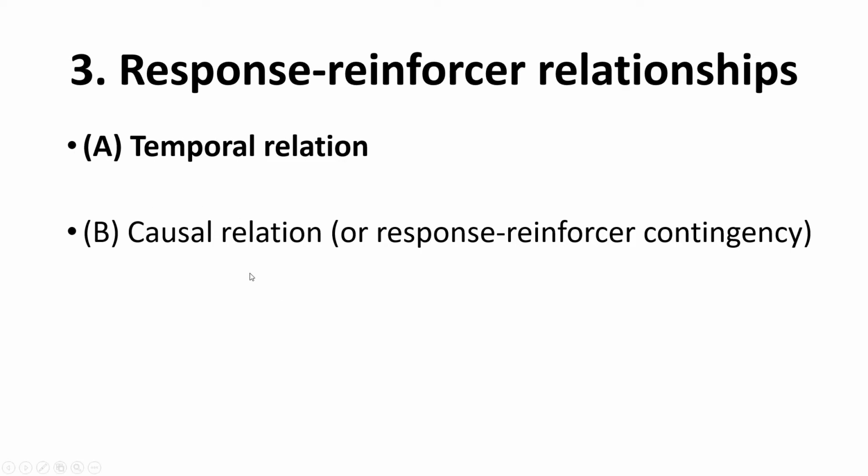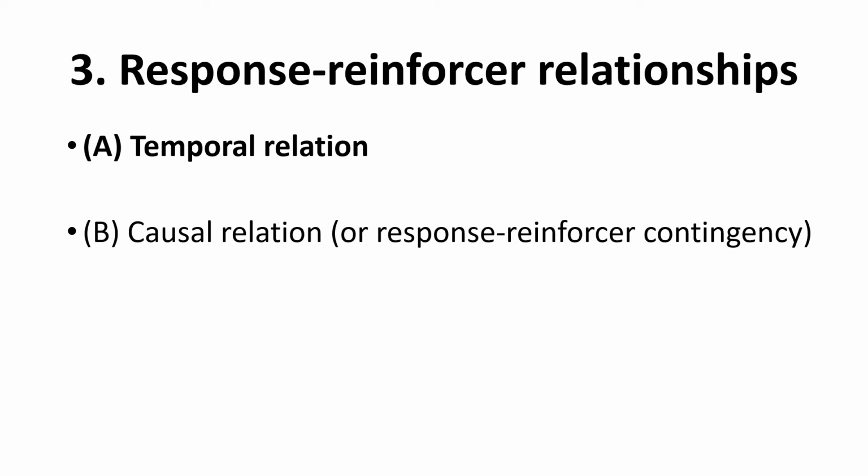The causal relation between the response and the outcome, or as we can call it, the response-reinforcer contingency, can also strongly affect this relationship. And just very briefly, this is the extent to which the response is necessary and sufficient for the occurrence of the reinforcer.